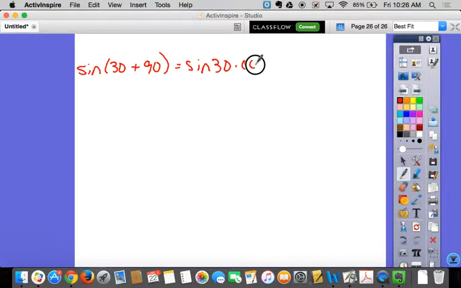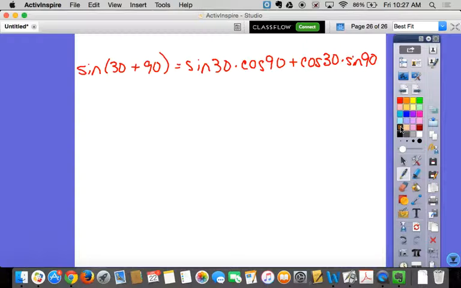This is really long. And later on, once we get into chapter 5 in your book, you'll know why they've been asking you these crazy questions. This goes to identities and rules that you're going to learn about adding and subtracting angles. So they're wanting you to figure out if that's true or false.